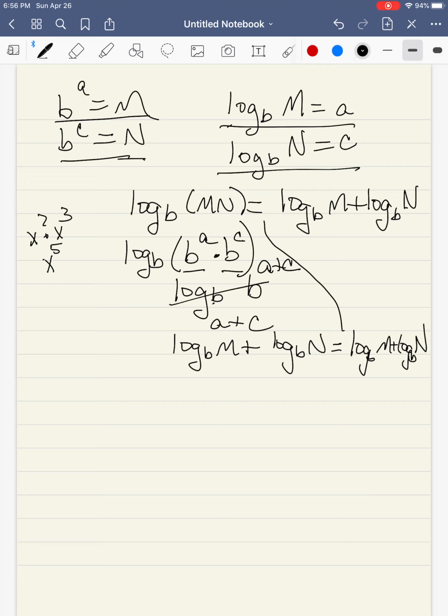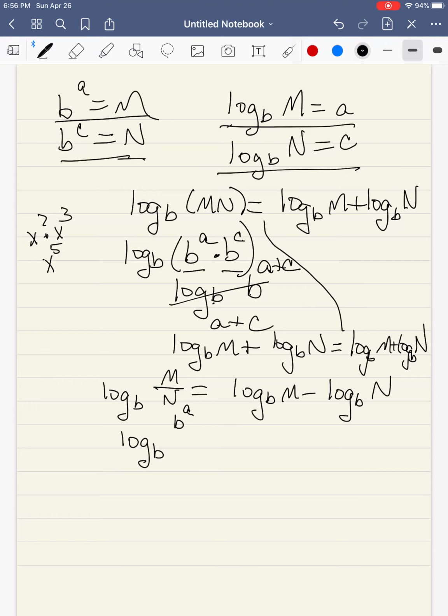All right, so the next one is the quotient rule. We're going to show that the log base B of M divided by N is equal to the log base B of M minus the log base B of N. So again, we'll start out by substituting B to the A for M and B to the C for N. Okay, so if we had x to the fifth divided by x cubed, what would we do with the exponents? We would subtract, and it would be equal to x squared.